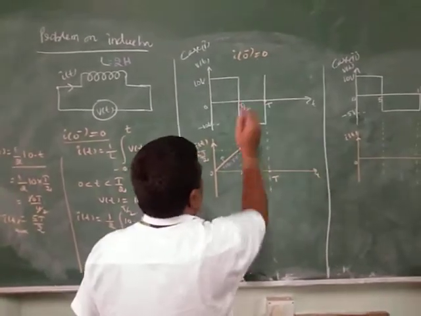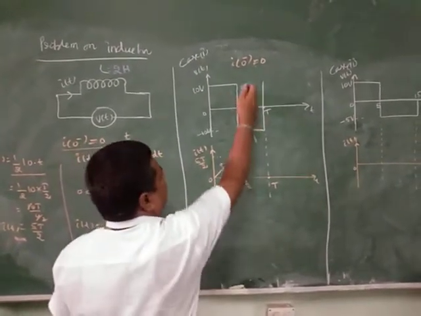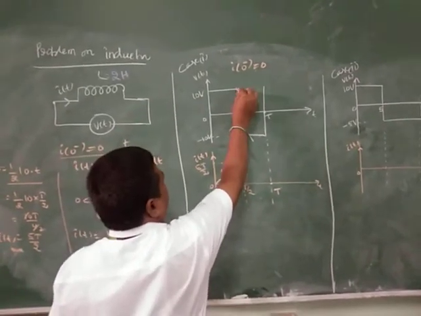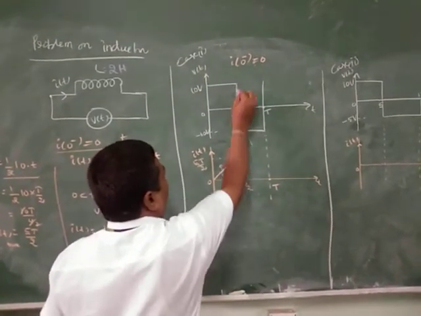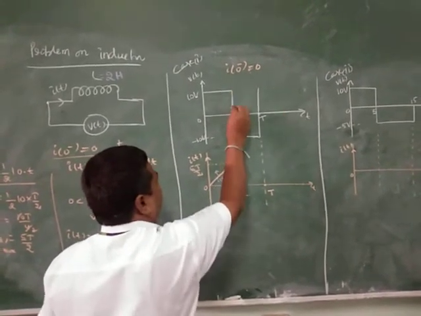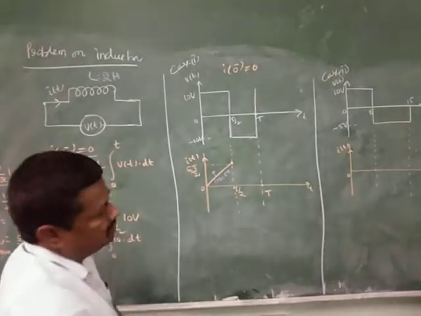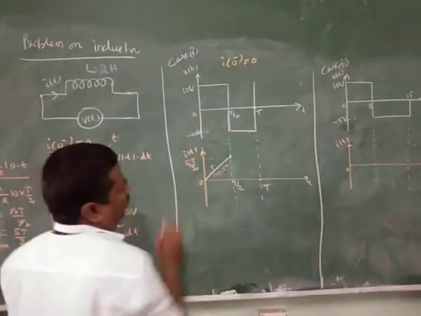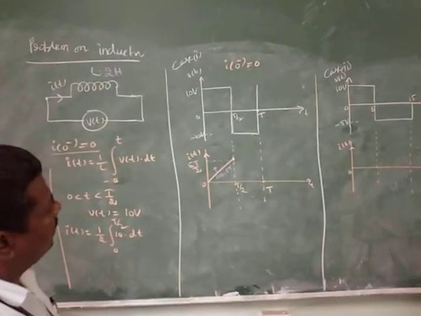Now at t is equal to T by 2, some switching action takes place. The input voltage signal is suddenly changed from 10 volt to minus 10 volt. Now what happens?